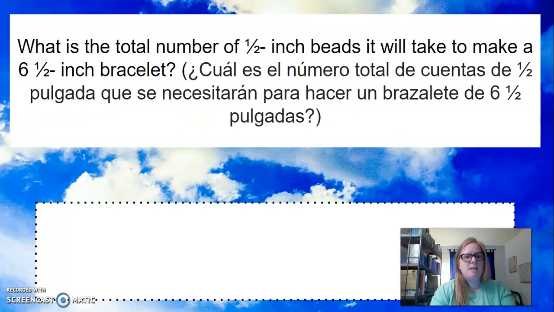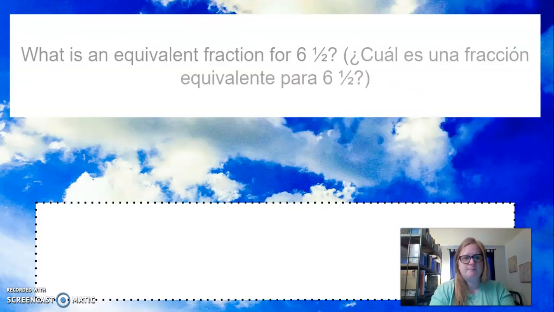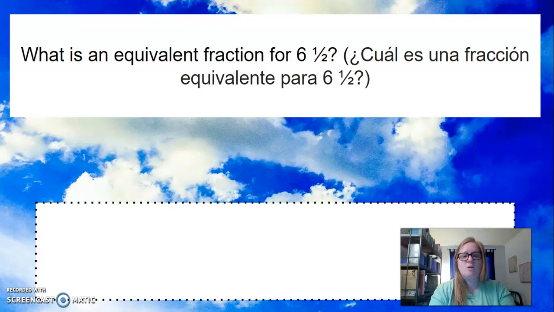What is the total number of 1/2 inch beads it will take to make a 6.5 inch bracelet? So I hope that you didn't erase your work, because now it's just what is the total to making the 6.5 inch bracelet? How many of those 1/2 inch beads do you need to make that bracelet? What is an equivalent fraction for 6.5?